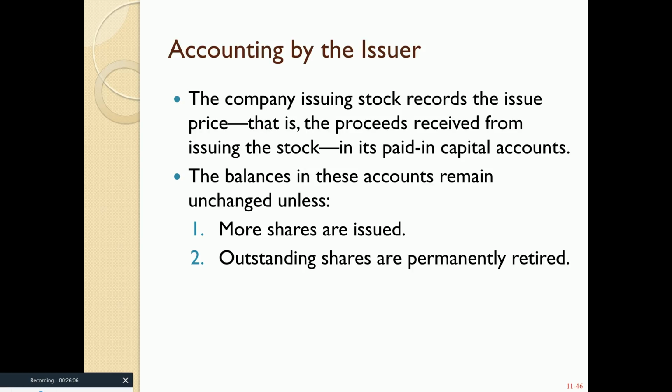The company doesn't need to record journal entries for any of that. That is just a transaction between two investors. The only accounting done by the company itself is when they sell the original shares to the original shareholders.